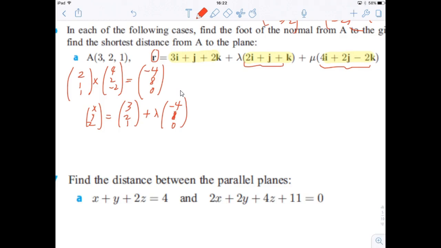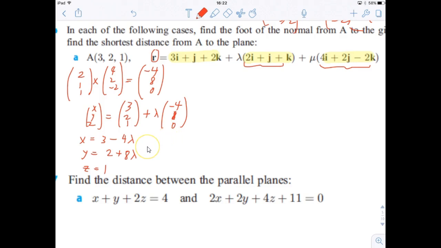And this will produce three parametric equations, which are these. And z equals 1.